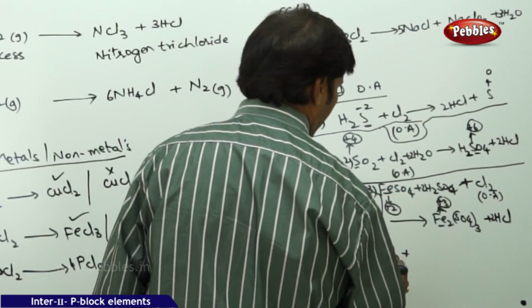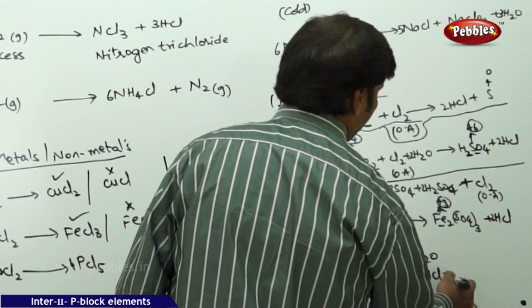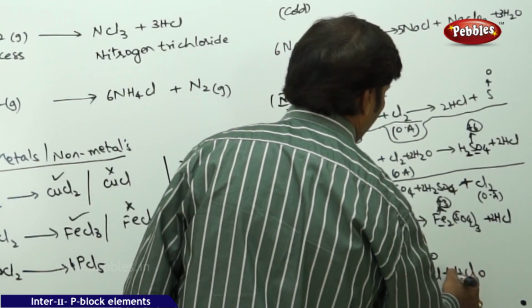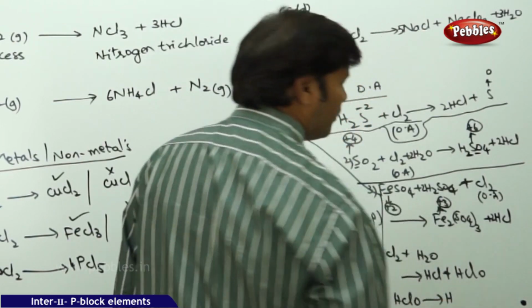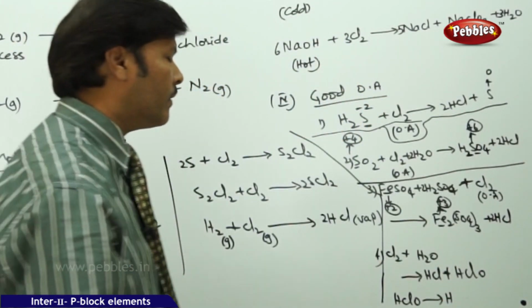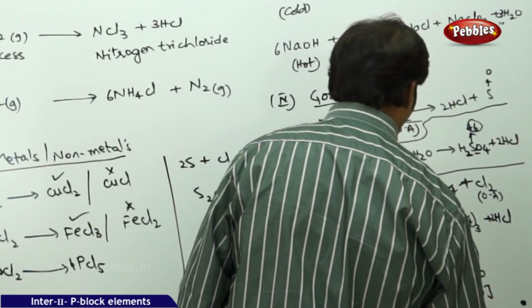The last one, the fourth one, is as a bleaching agent. Chlorine, when it reacts with water, gives HCl plus HClO, hypochlorous acid. This hypochlorous acid is unstable, so it decomposes to give one HCl molecule and one nascent oxygen.